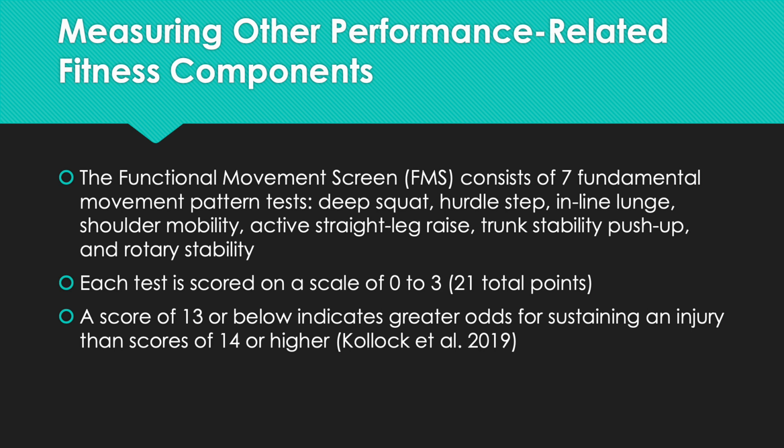For each of these tests, it's scored on a scale of 0 to 3 with a maximum of 21 points. When we're looking at this test, there has been research to indicate that a score of 13 or below can indicate greater odds for sustaining an injury compared to scores 14 or higher.